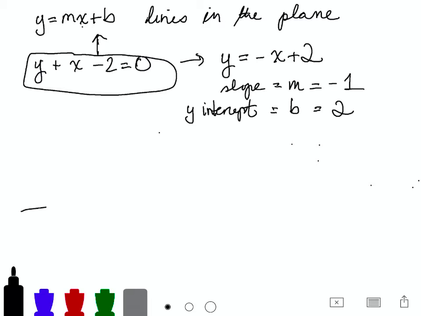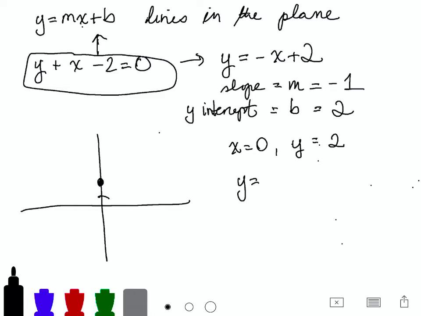So let's graph this. When x equals 0, y equals 2. So (0, 2). And then when y equals 0, we have 0 equals negative x plus 2, which means that x equals 2.